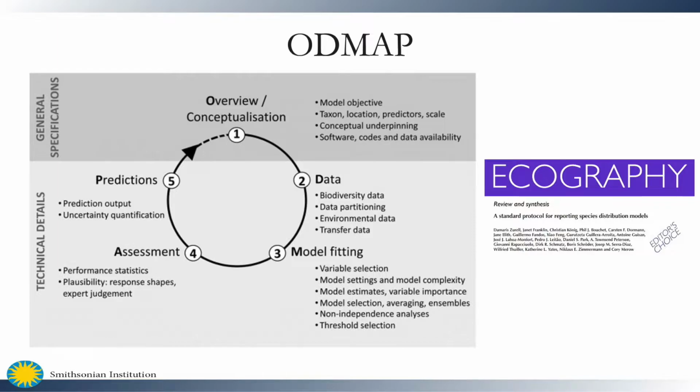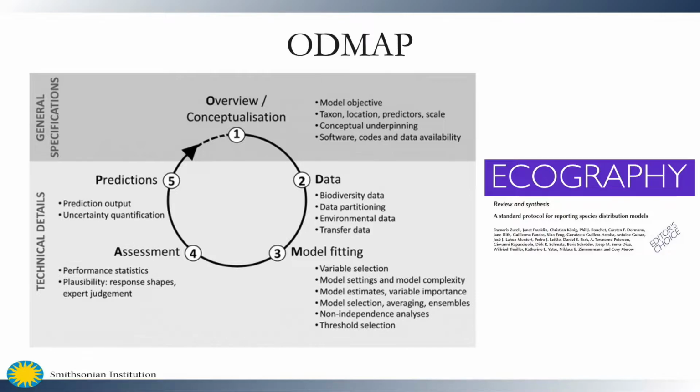It's always important to start with the conceptualization and overview. Why do we want this model? What's our goal? Are we trying to predict the species distribution? Are we trying to understand which variables are driving the occurrence of the species? Which species are we working with? Having that in mind is crucial to having good output.